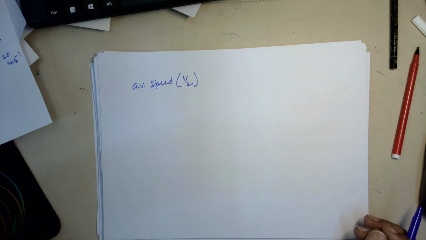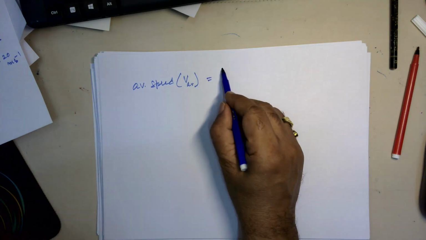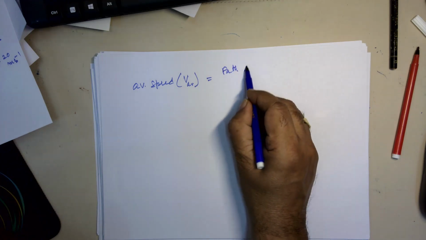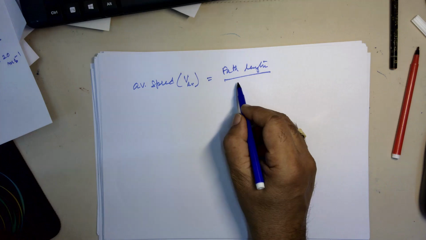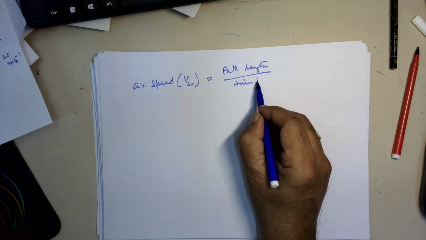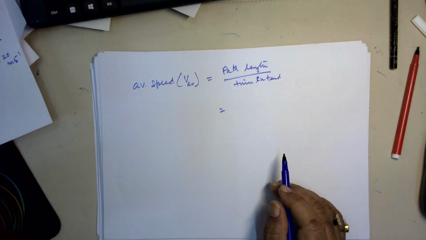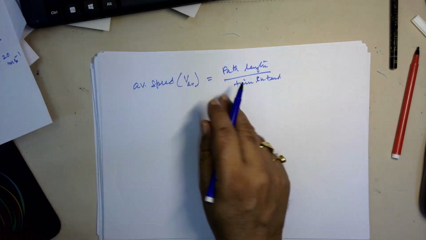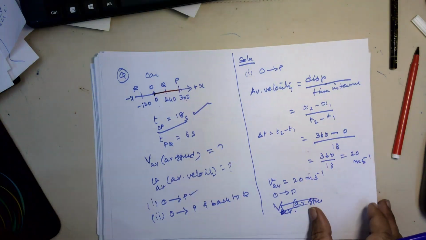So the average speed here is the total distance traveled, that is the path length, divided by the total time interval. Now what is the path length here? O to P is 360 only, right?